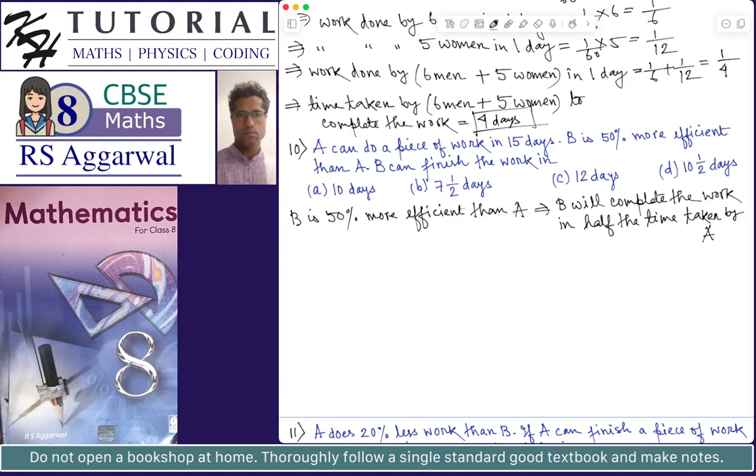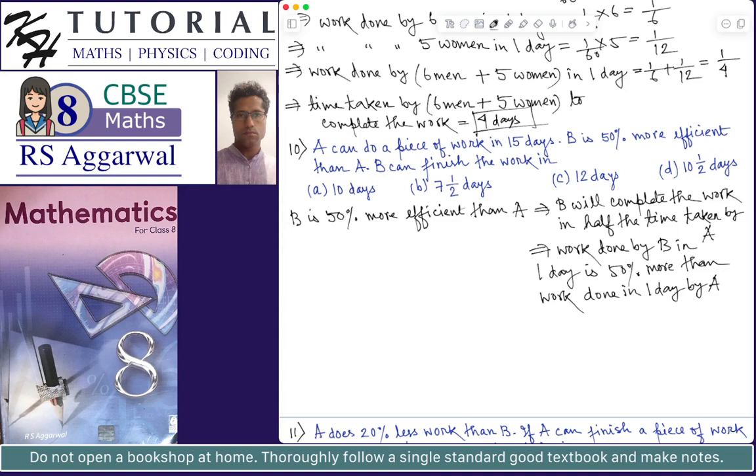Also, you can consider it as that the work done by B in one day is 50% more than work done in one day by A. So the fact that B is 50% more efficient than A, you can interpret this information in two ways.